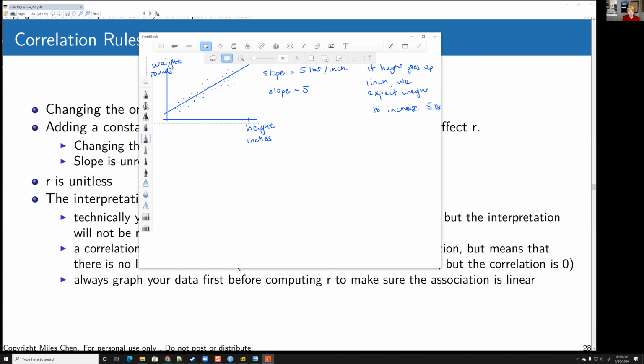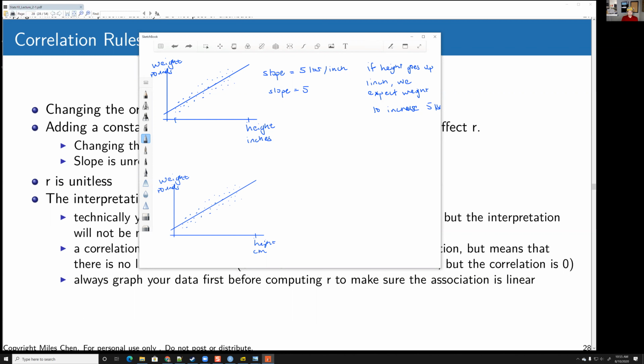Effectively, on the low end let's say we go from 58 inches to 6'4", so 76 inches.